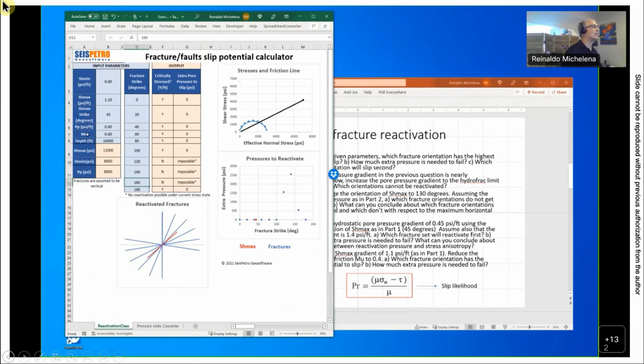We need the depth to be able to convert from the gradient to the actual minimum and maximum stresses. And what the calculator will give you is the maximum horizontal stress and the minimum horizontal stress. I mean, you input the gradient, and then with the gradient you calculate the actual values of stresses, and it will give you the pore pressure. This input here is the pore pressure gradient. Okay. So this will be the output.